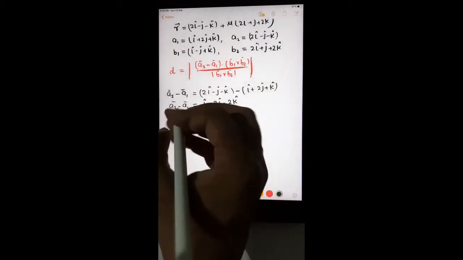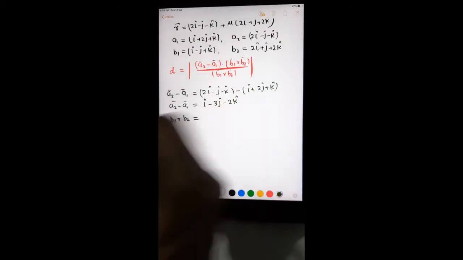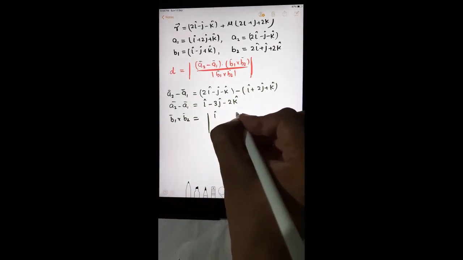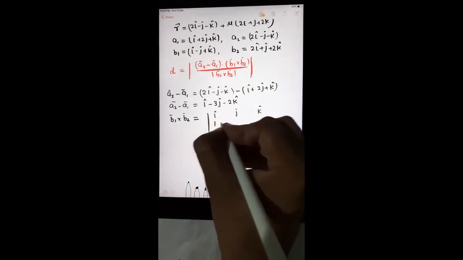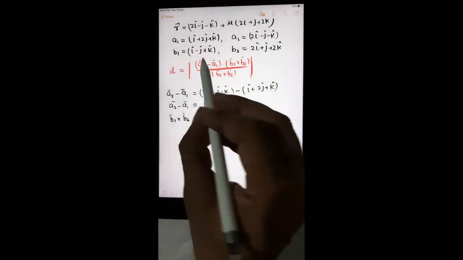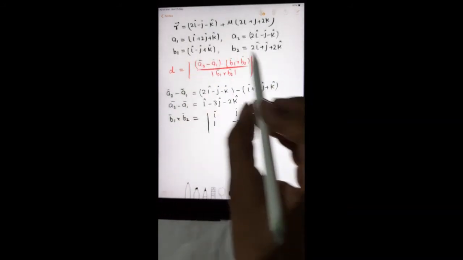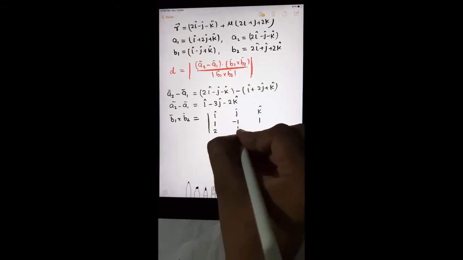Now obtain the value of B1 cross B2. We can obtain it by using this determinant: the coefficients of i, j, k, the components of the vectors 1, minus 1 and 1, and for the other vector 2, 1 and 2.